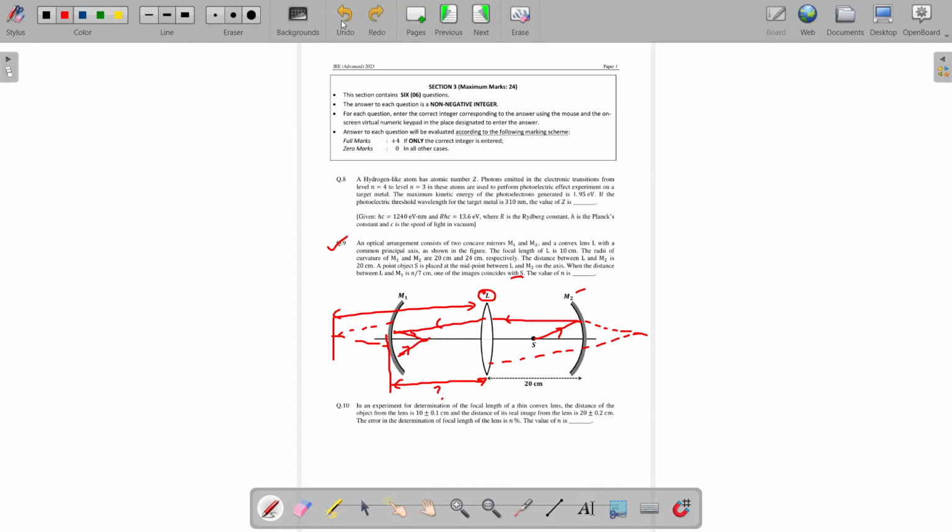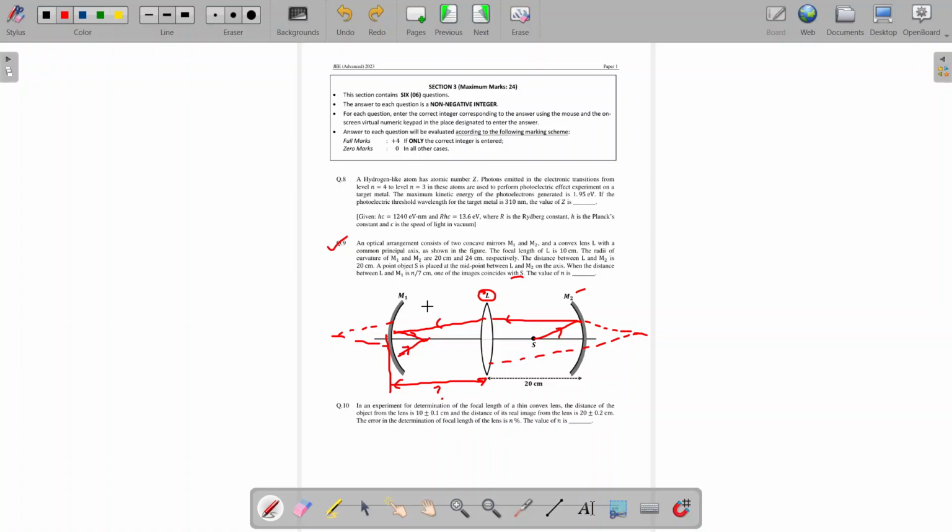Or wait a bit. So if the mirror M1 reflected back the ray of light, then we could say that yes.